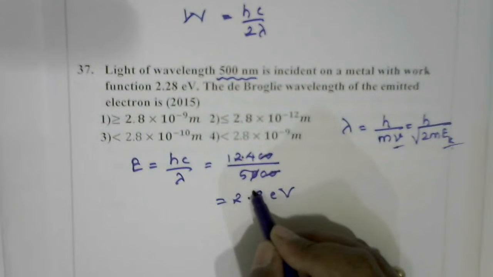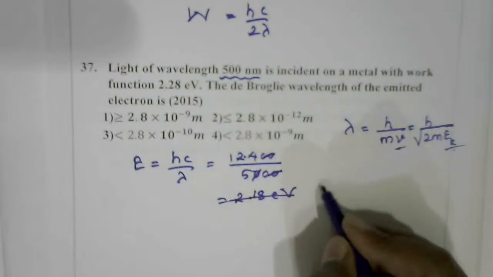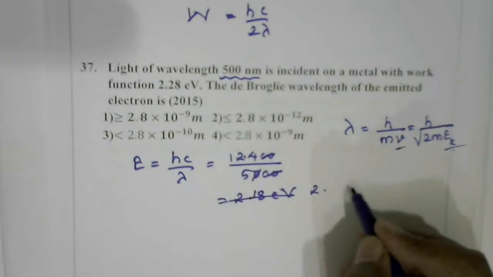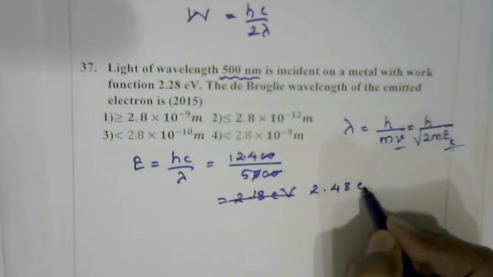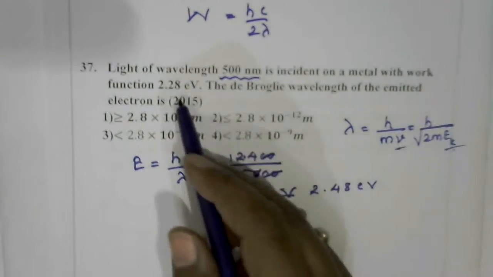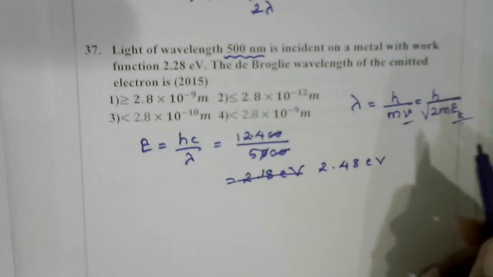So you are going to get 2.48 electron volt.